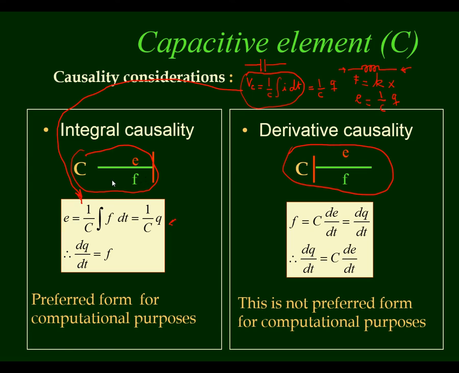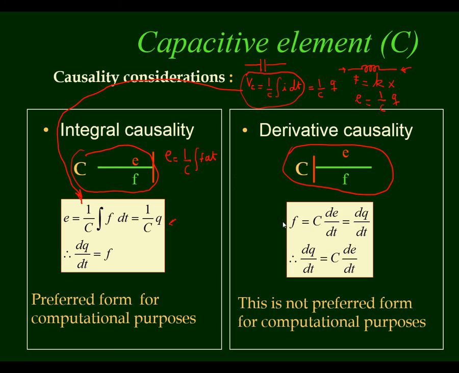In this case, if the flow is the input and the output is E, then it follows that the output is always 1 over C times the integral of f dt, see? And that would be this form, which is called the integral form.